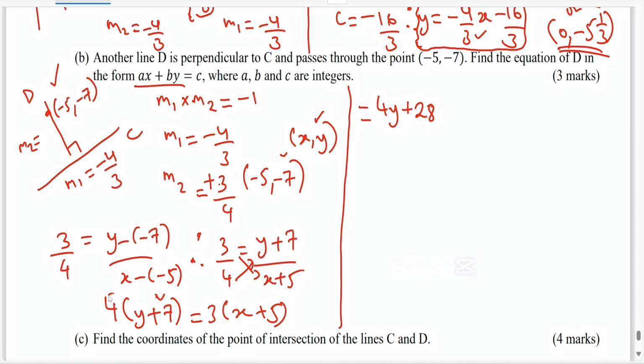We have that on the left side. On the right, 3 times x is 3x, 3 times 5 is 15.